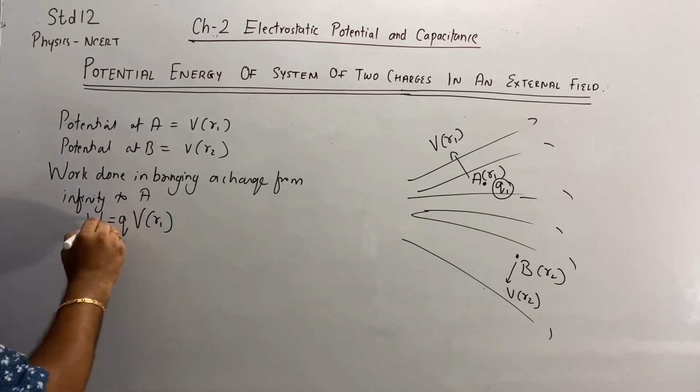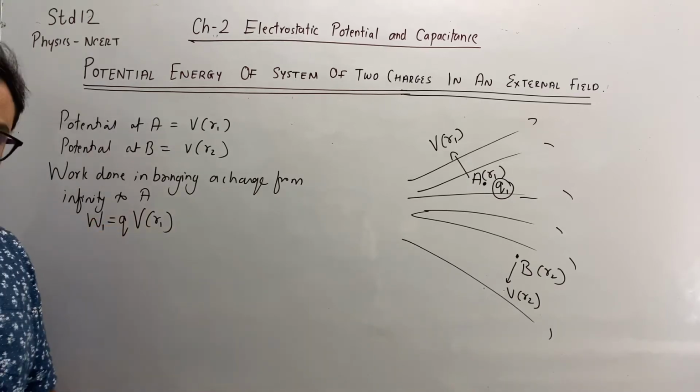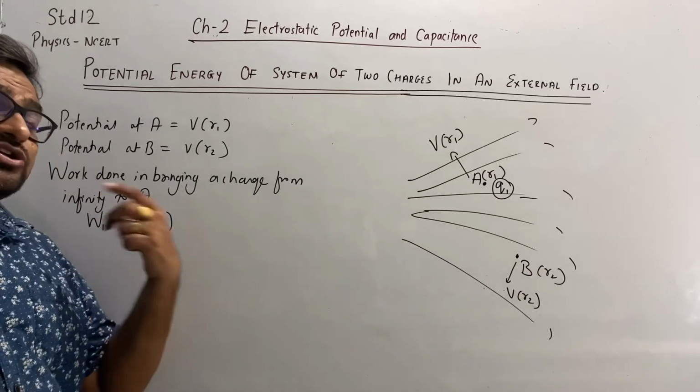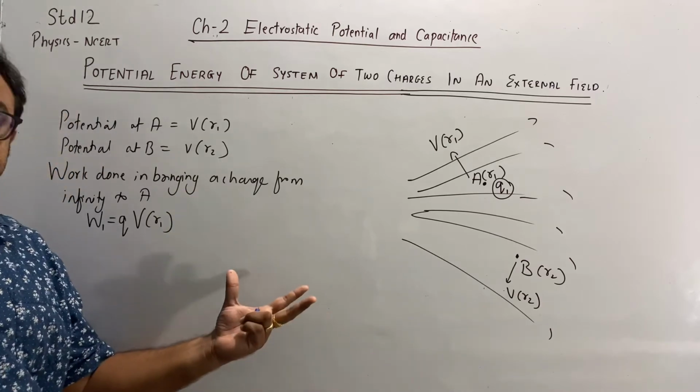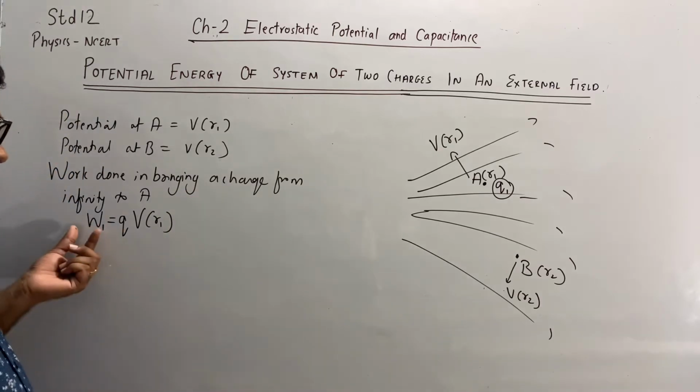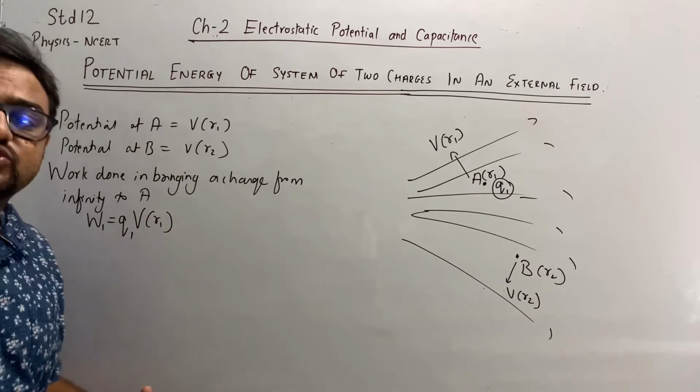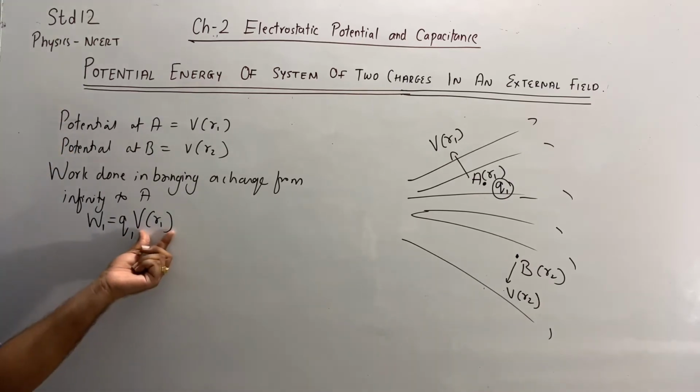Let's name it as W1. In the previous case, as there was no electric field or no existing field, the work done in bringing the first charge Q1 was equal to 0. But here there exists a field.